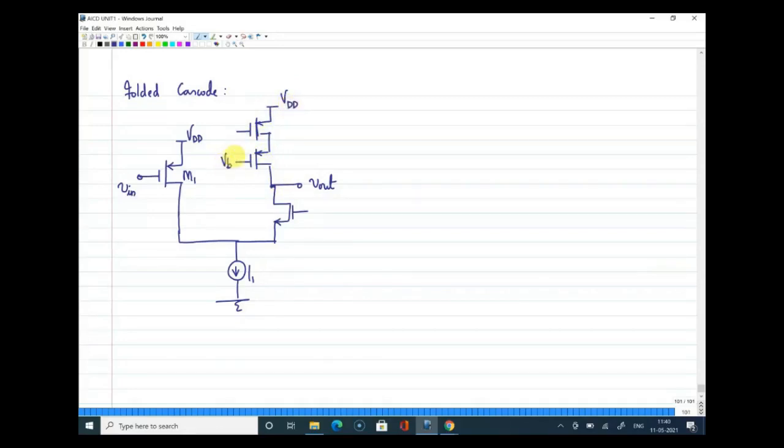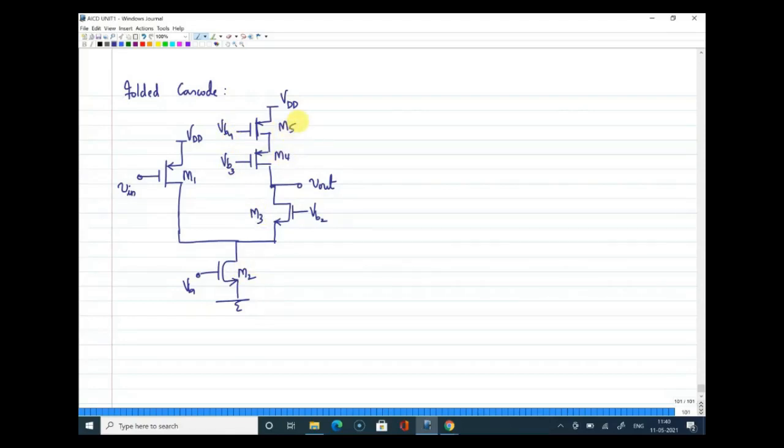So all these are biased, and this I'll call VB2. Then I'll replace this transistor also with a biasing structure VB1, VB3 and VB4. This is M1, this is M2, M3, M4 and M5. All right.